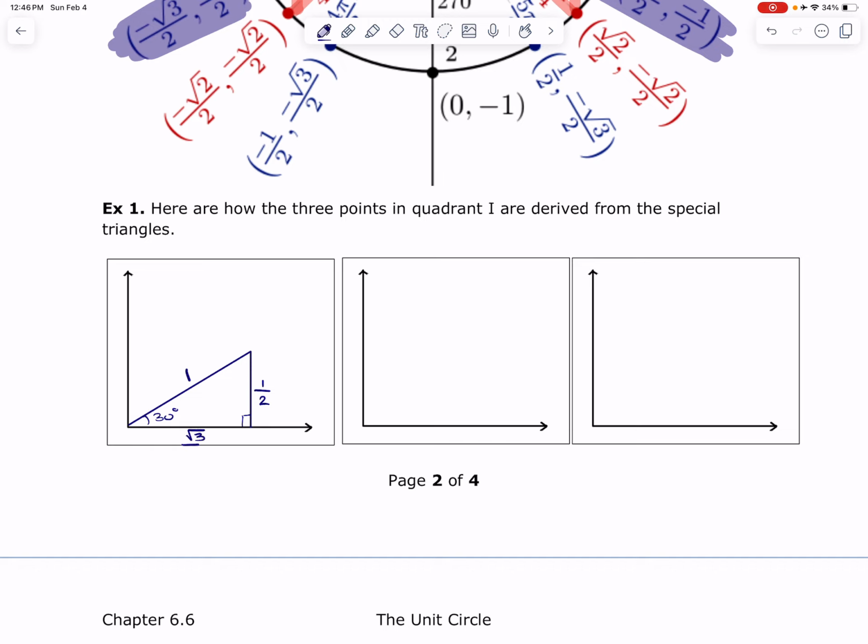With this triangle lying on its side, the long side is square root of 3 over 2. That's my x, that's my cosine. Let's add in that coordinate point like I did in the last set of notes. I got square root of 3 over 2, 1/2.